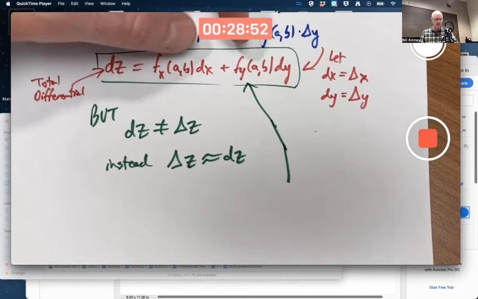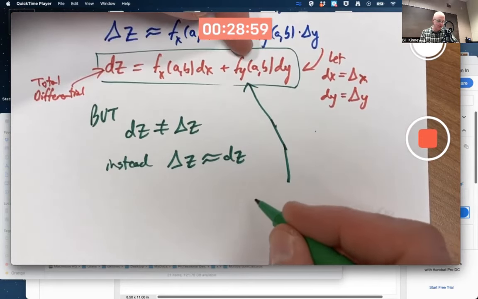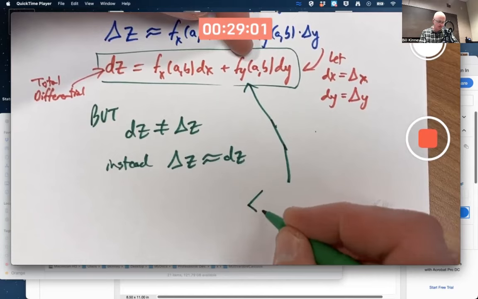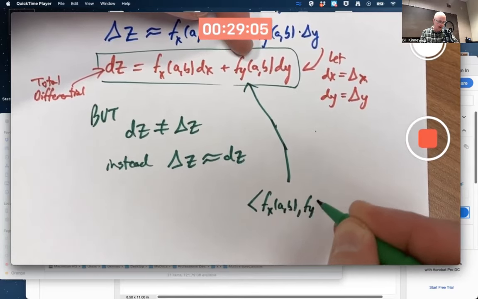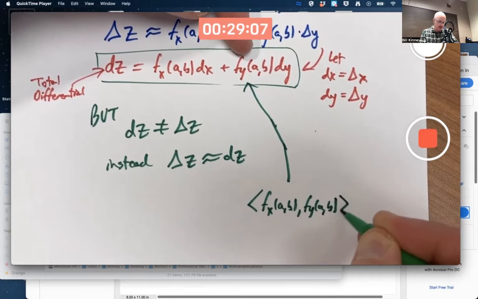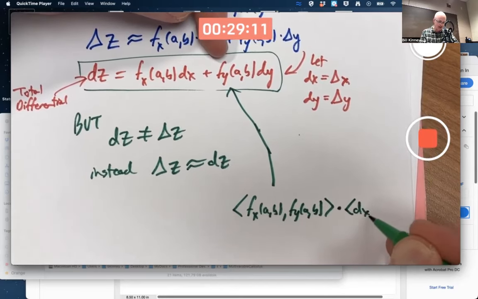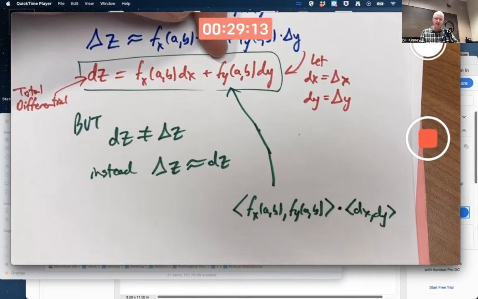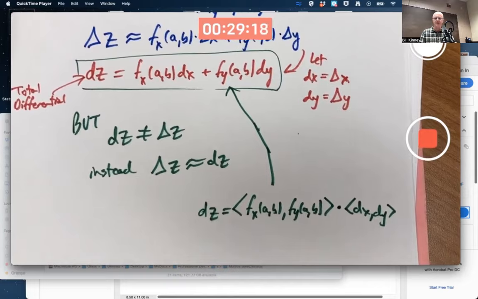Because it's a sum of products, just like dot products always are. This could be thought of as the dot product of the vector fx(a,b), fy(a,b) with another vector whose components, I guess, are dx and dy. Kind of a weird thing to do, but dz could be thought of as that dot product.